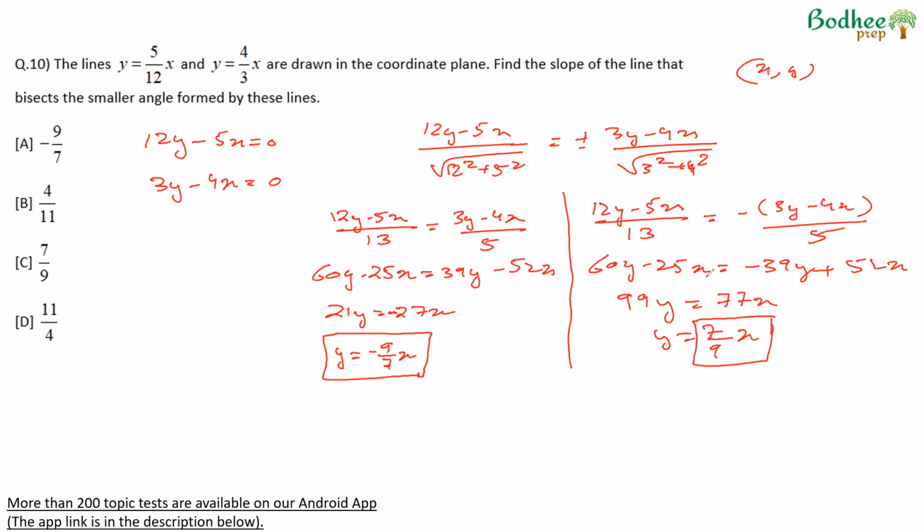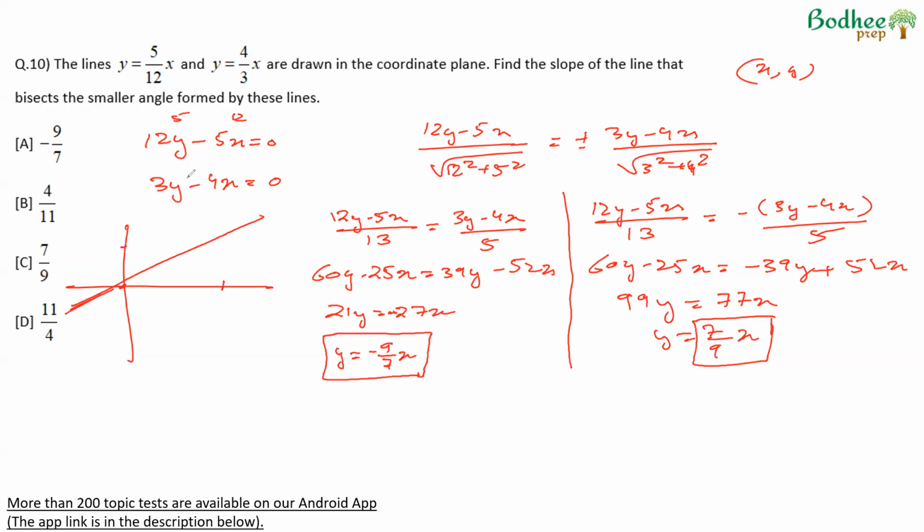Now the question is, which of these will be the bisector of the acute angle? Now 12y minus 5x will pass through obviously 0, 0. When x is 12, y will be 5.